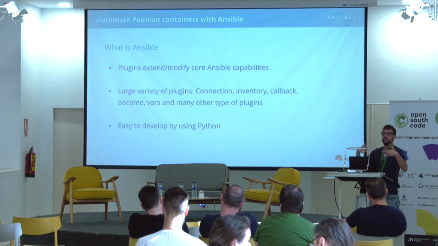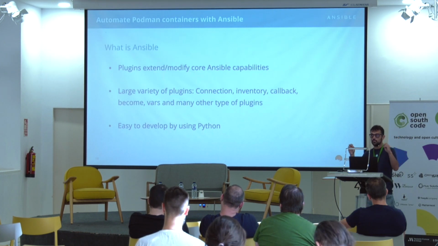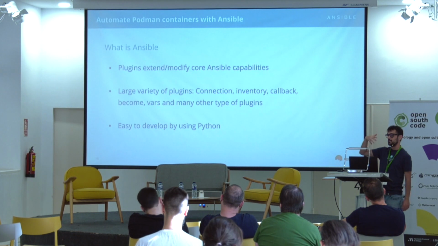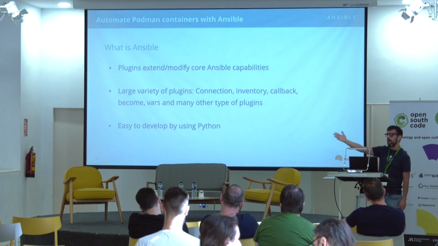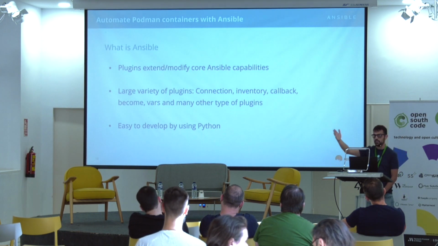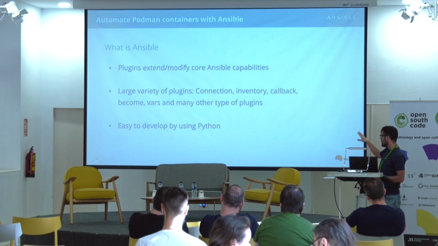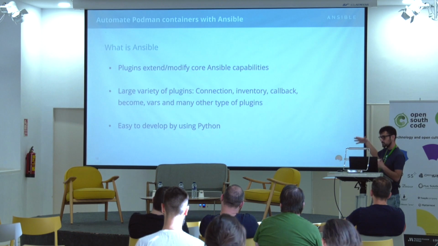However, SSH is not the transport for connecting to every kind of target out there. For example, a network device may use something that is not SSH, like netconf. If you want to run a task against the AWS API, you don't SSH against AWS. You do a REST call against it. So that's why we have connection plugins, because you have variants there.